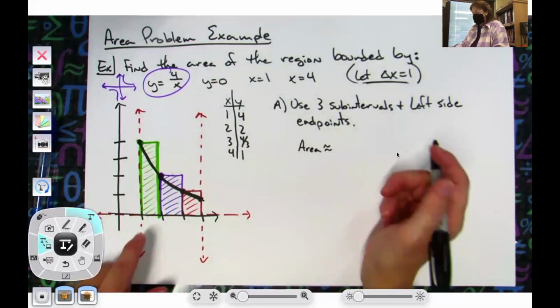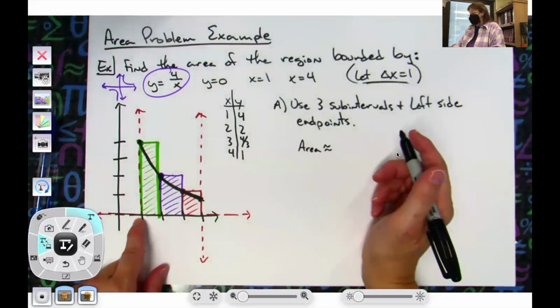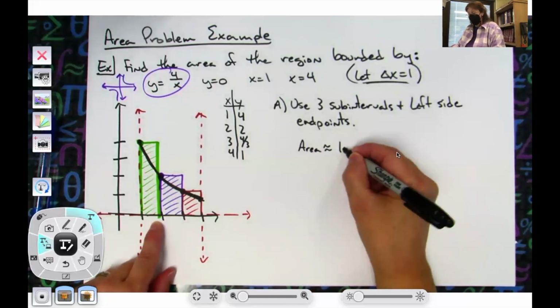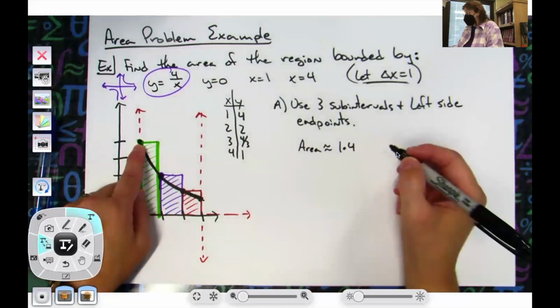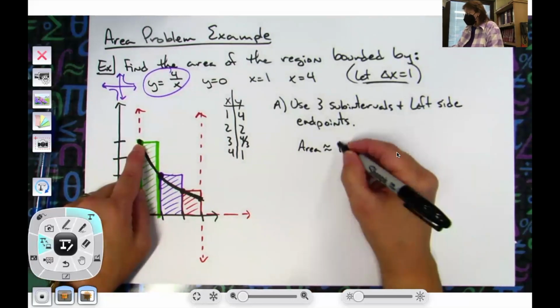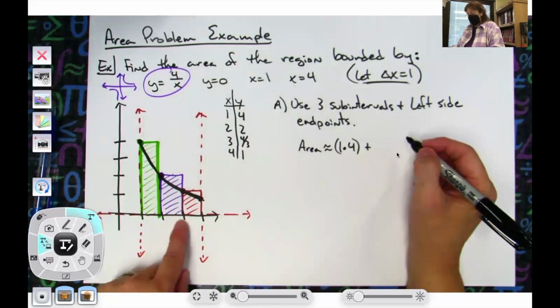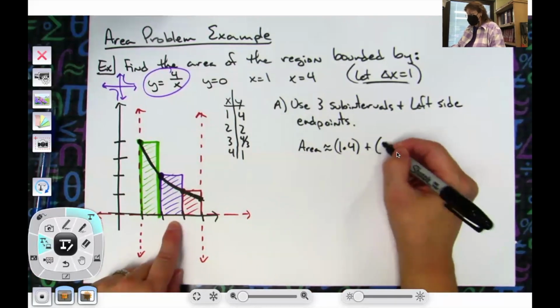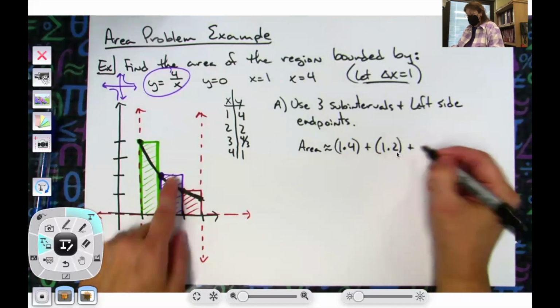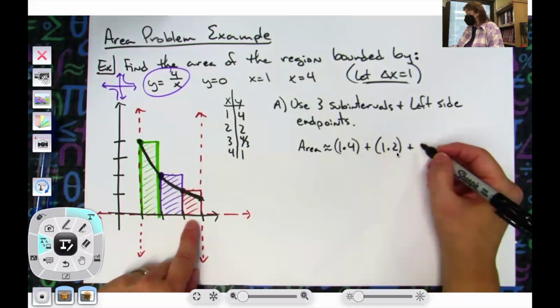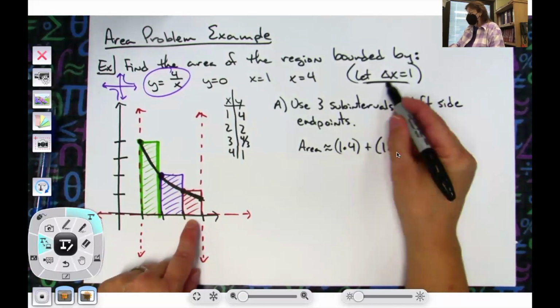So my first rectangle is what? It's going to have a delta x of 1. So 1 times, how tall is that? 4, someone said. That's my first rectangle. And then my second rectangle still has a width of 1 times a height of 2. And then the last rectangle still has a delta x of 1 because I told you delta x is 1.